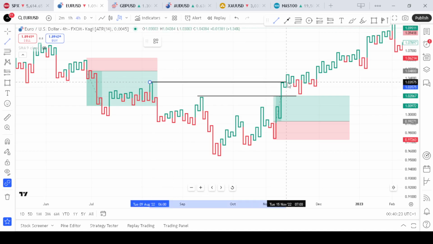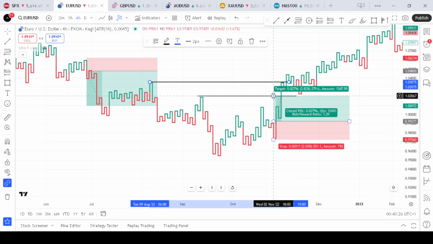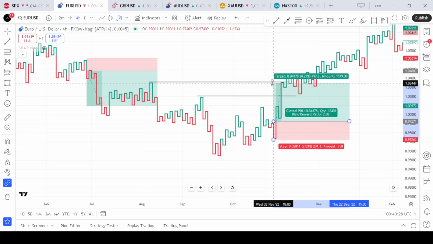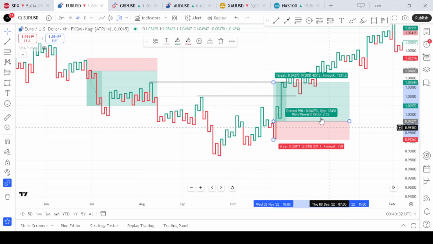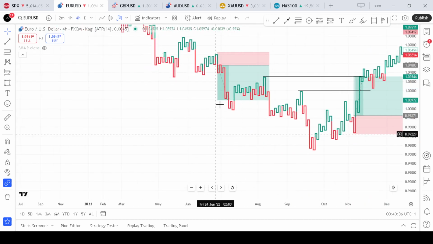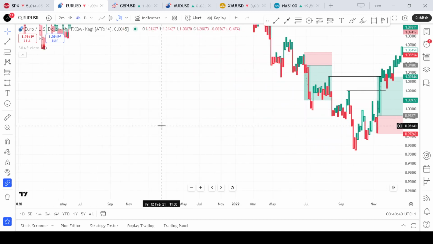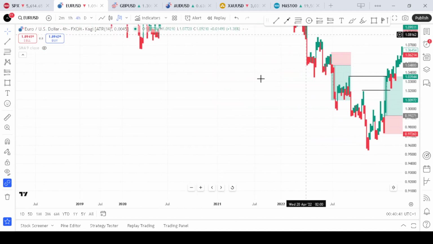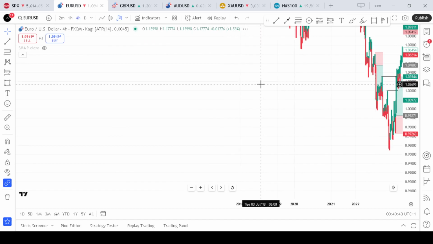Depending on what you choose, you can go for the nearest swing high, or you can go for a more comfortable swing high, or you can go for a fixed 1:2 swing high, as the case may be. For this selling opportunity, we have to go far back in time to mark out our previous swing high.